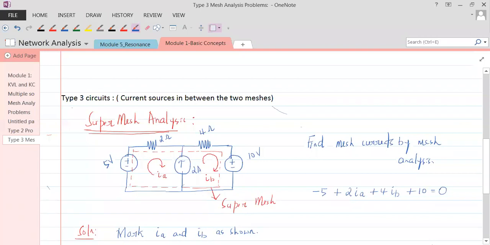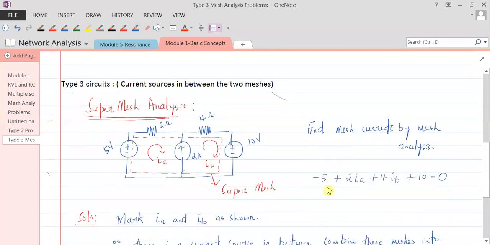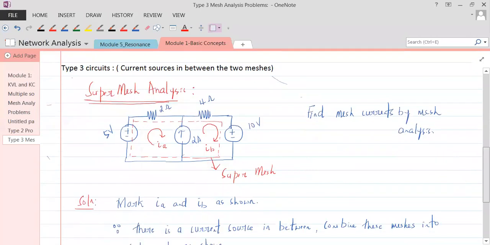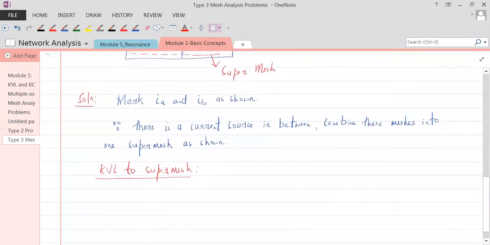Is everybody okay with this? Now, bring this to the standard form. KVL to the super mesh looks like this.